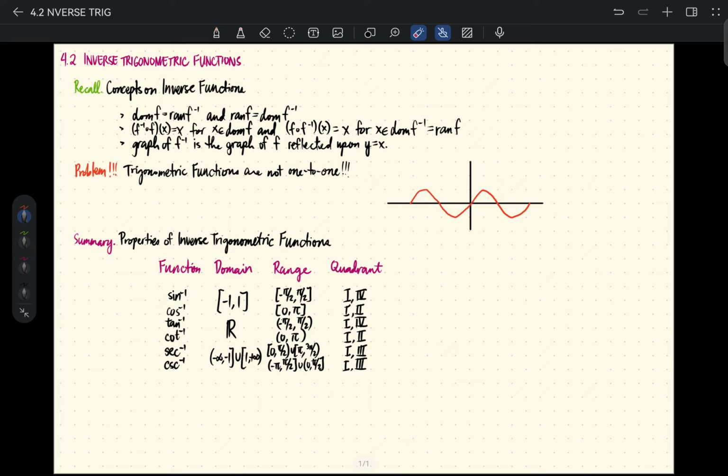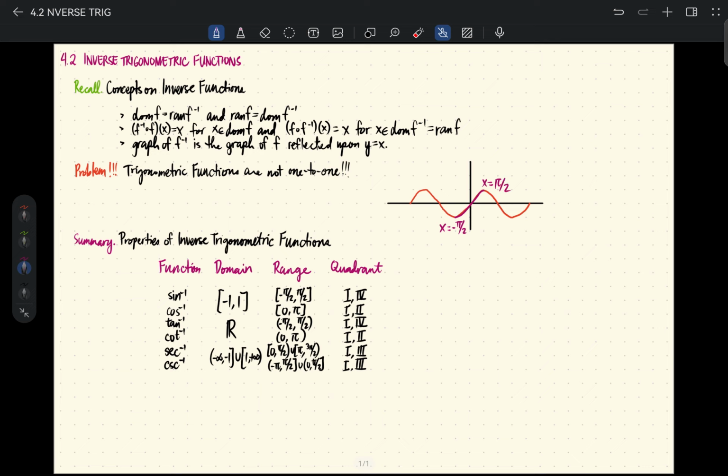However, how can we introduce some sort of an inversion? Basically, what they did is they restricted the domain of your sine function. So for example, for this one, they took this part right here from x equals negative pi over 2 to x equals pi over 2.